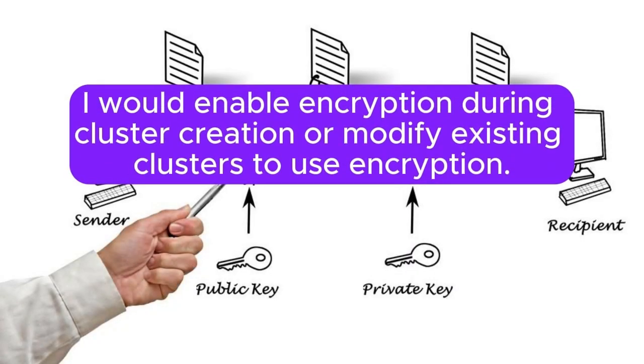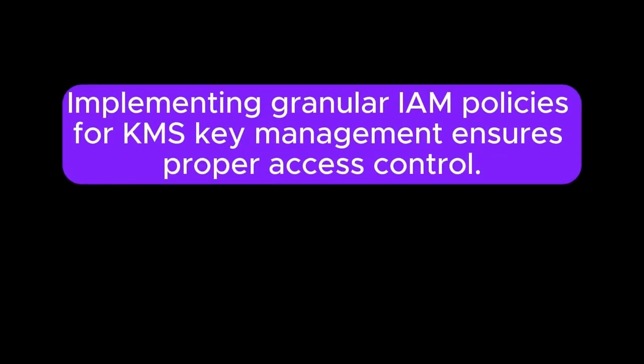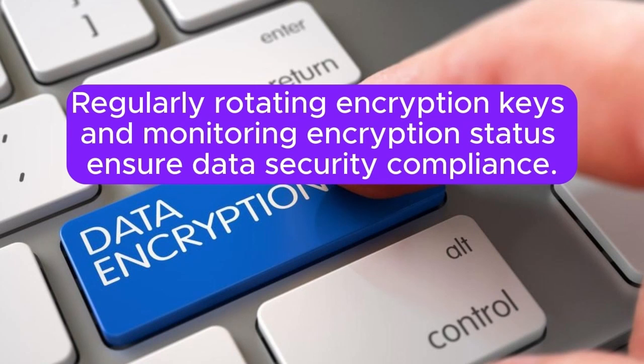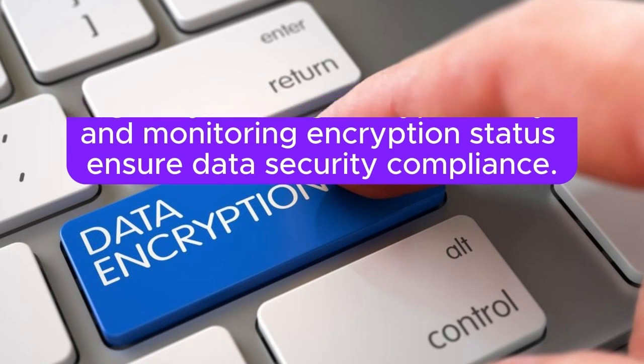I would enable encryption during cluster creation or modify existing clusters to use encryption. Implementing granular IAM policies for KMS key management ensures proper access control. Regularly rotating encryption keys and monitoring encryption status ensure data security compliance.